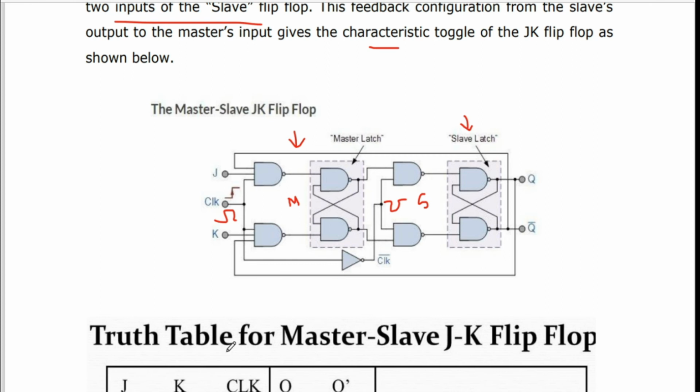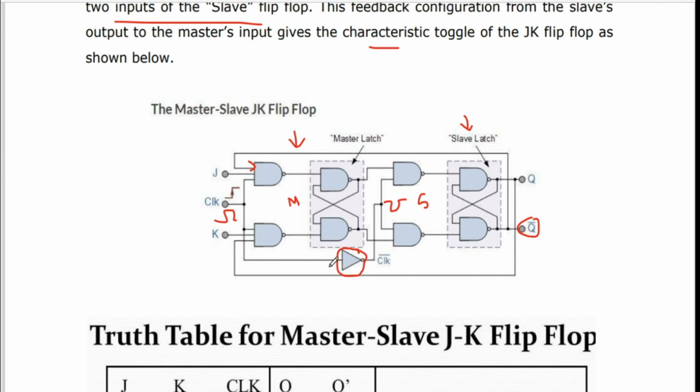Here you can find that we have the output Q bar of the slave fed as an input to the master, and then the output Q is fed back as an input to K. Now students, you can see here that we have an additional NOT gate being used.